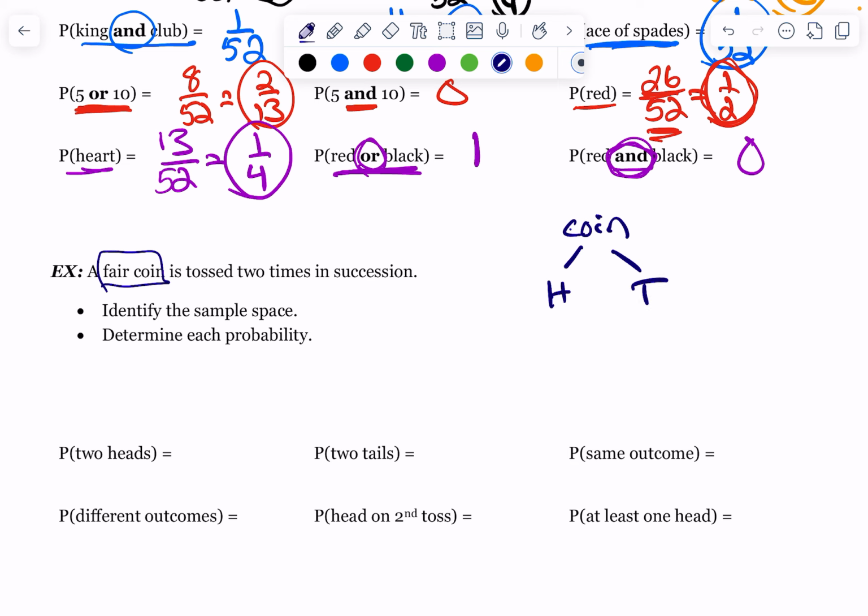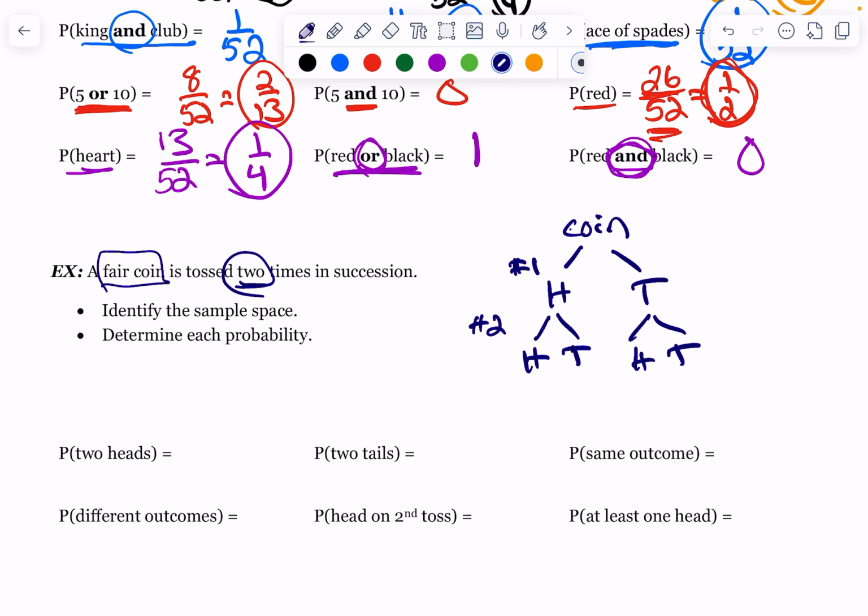Now we're tossing it twice, so this is our first toss. Our second toss, if the first one was heads, we can, for the second one, get heads or tails again. If the first one is tails, we can get a heads or tails again.